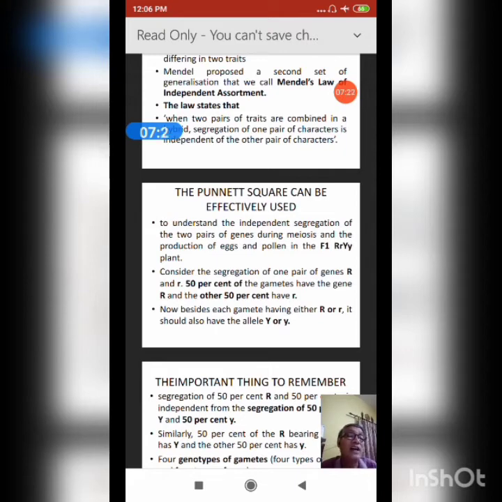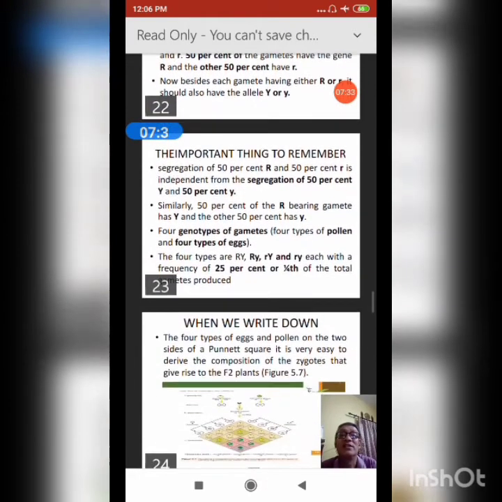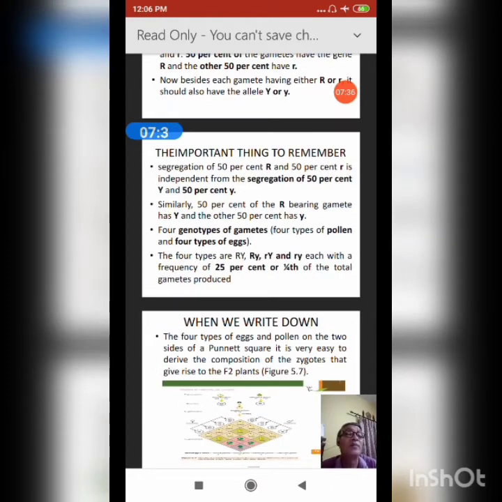Now, besides each gamete having either capital R or small r, it should also have allele capital Y or small y. The important thing is that the segregation of 50% capital R, 50% small r is independent of the segregation of 50% capital Y, 50% small y. Similarly, 50% of capital R bearing gametes have capital Y, the other 50% have small y.